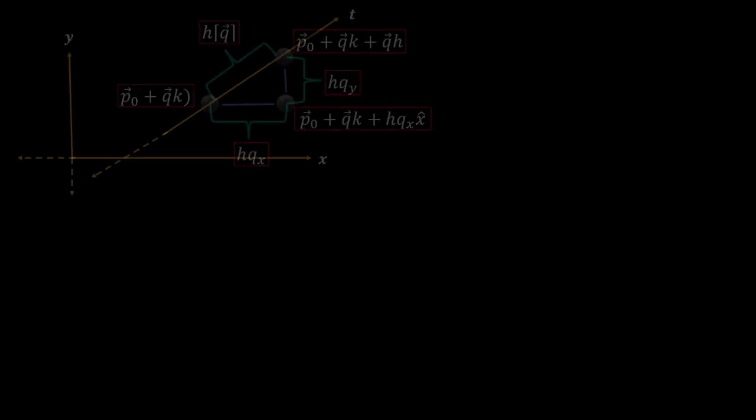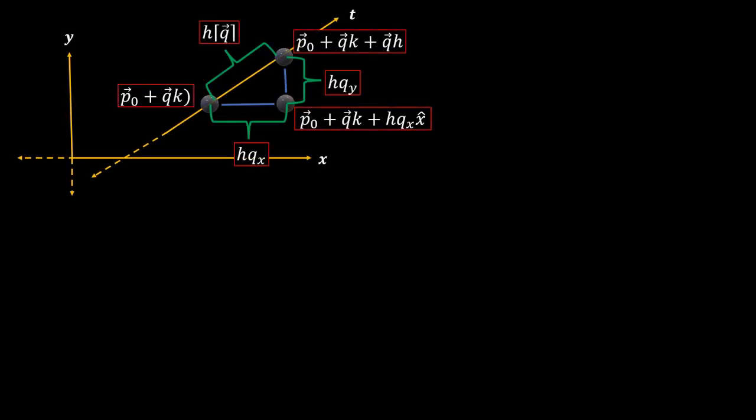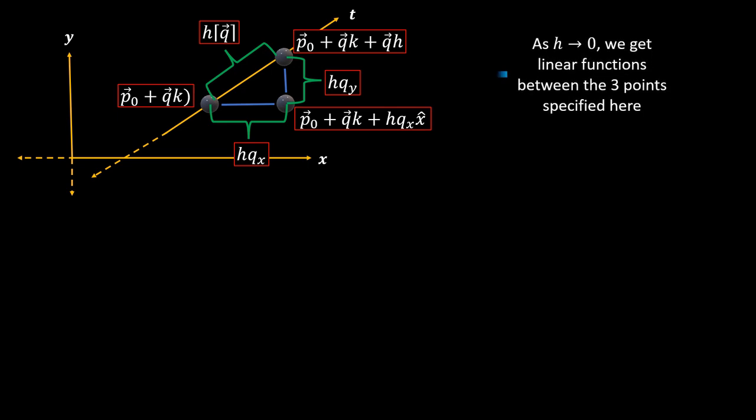All right, so we have a setup here, and this is the domain. As h approaches 0, we get linear functions between these 3 points specified here by those gray spheres.